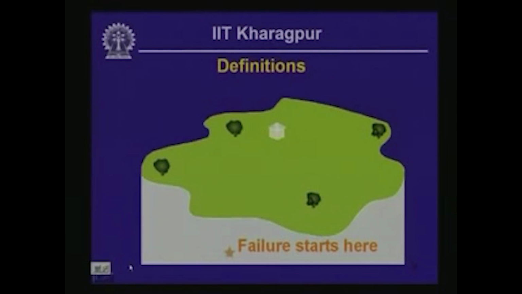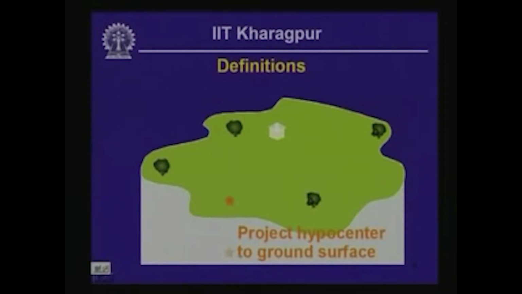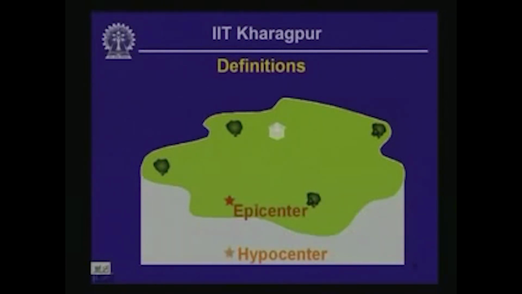Now let us say the failure of rock mass is triggered at the location underground shown on this particular cartoon. That location is called the focus or hypocenter of an earthquake. Now if you project the hypocenter to the ground surface, then you are going to get the epicenter.